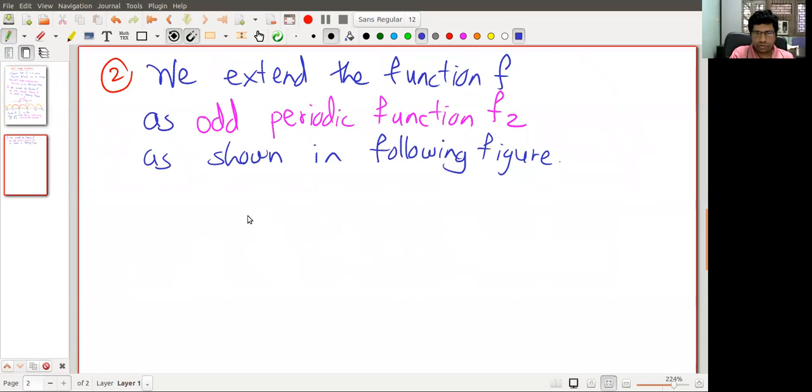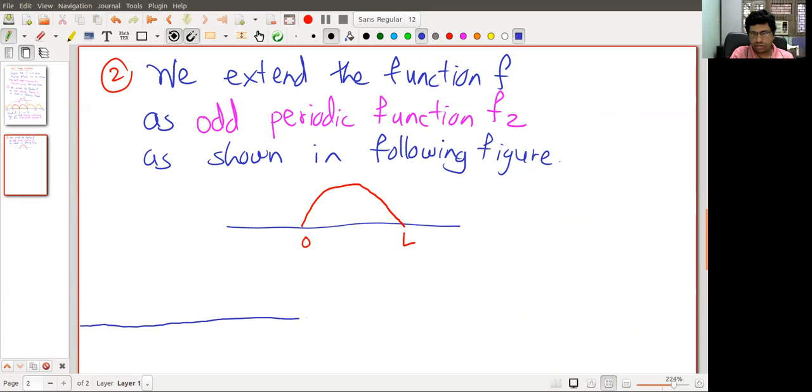Again, we have our function f in the interval, say 0 to L, and now we extend this to real line.